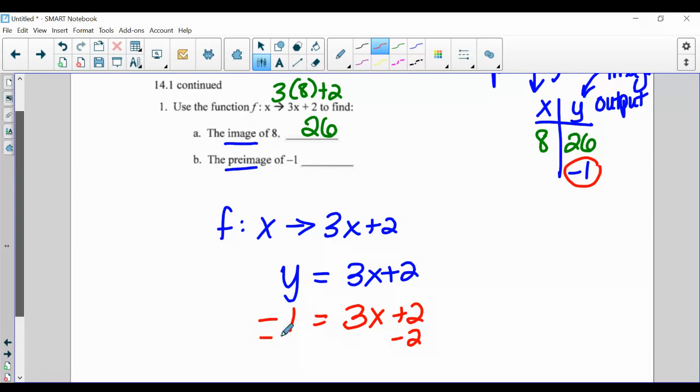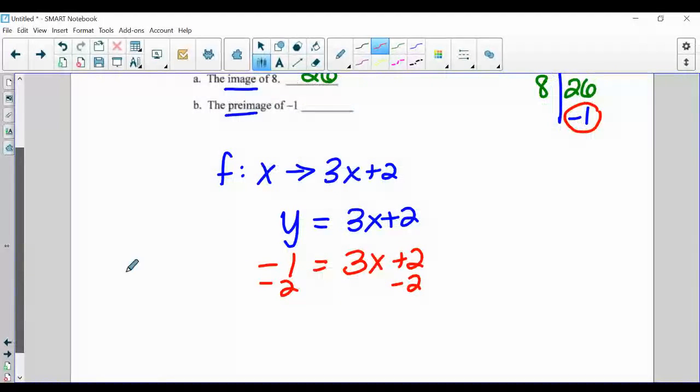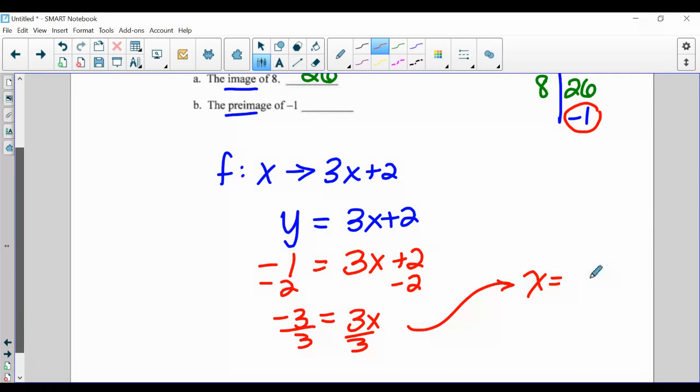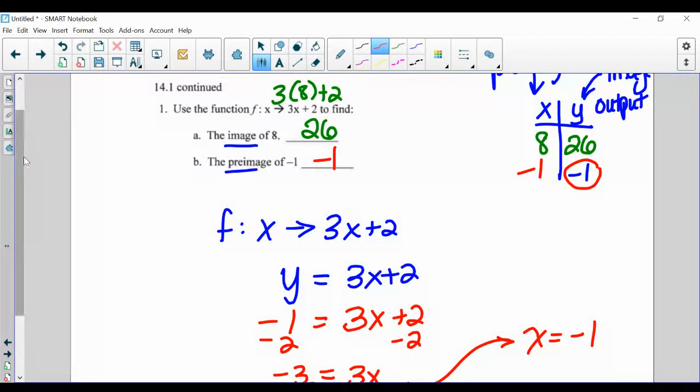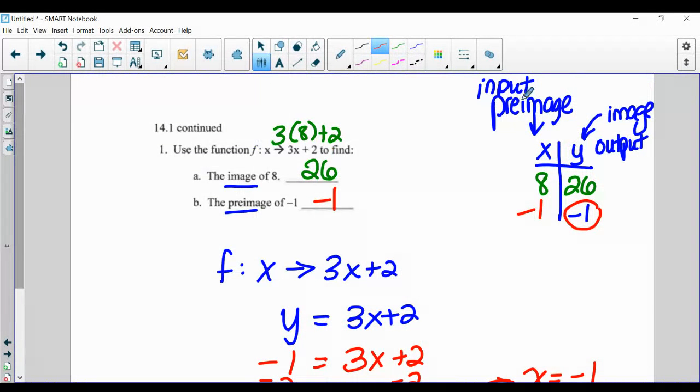We'll subtract 2 from both sides, and then we'll get negative 3 equals 3x, and divide by 3 to isolate x. And finally, x, or the input value, or the pre-image, if we want to call it that now, is negative 1. So if you're dealing with equations, it's really not that bad. You just need to understand which one is your input, output, your pre-image and your image, your x and y values.